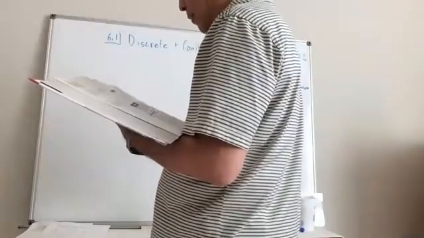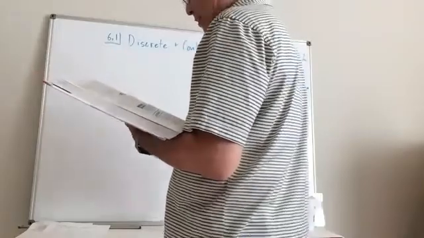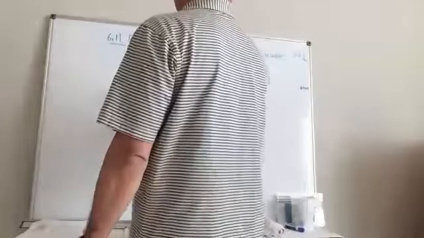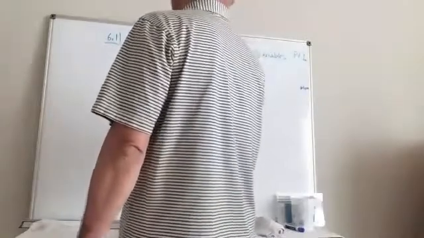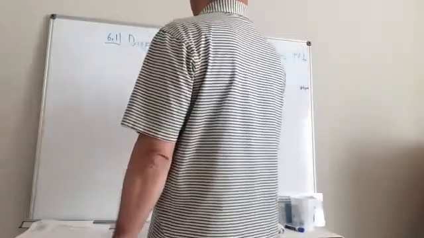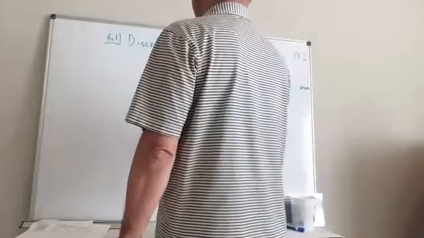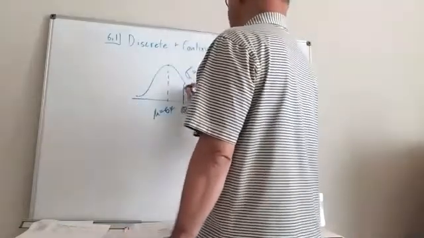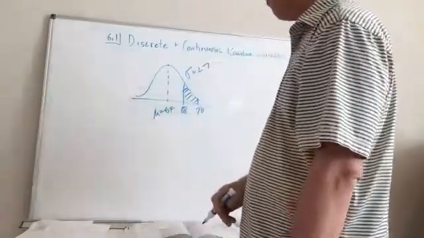Find the probability that the height is between 68 and 70. So basically mu was 64, standard deviation was 2.7, and I want to know the area underneath this curve between 68 and 70.